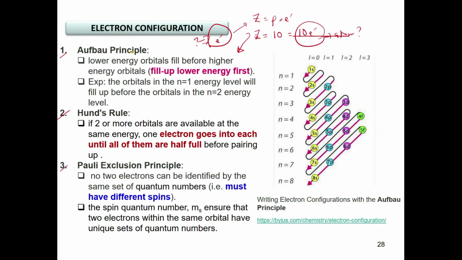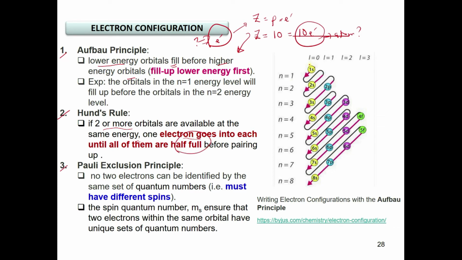For the Aufbau principle, the electron needs to fill up the lower energy orbital first before filling up the higher energy orbital. Meanwhile, Hund's rule mentions that when two or more orbitals are available at the same energy, the electrons need to go into each until all of them are half full.